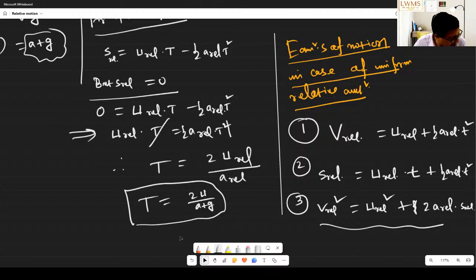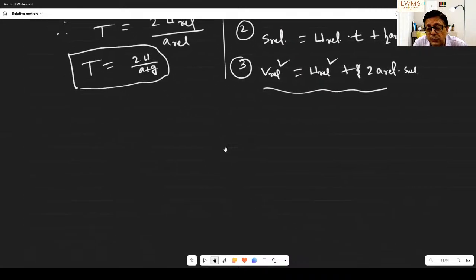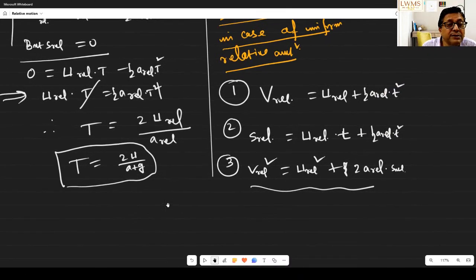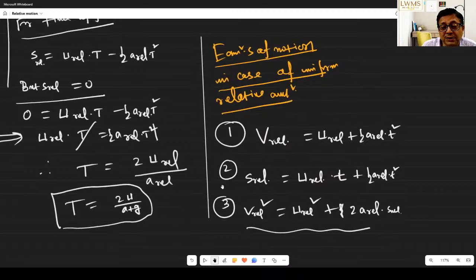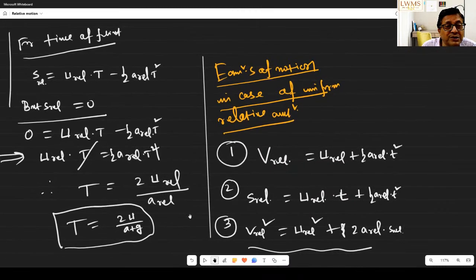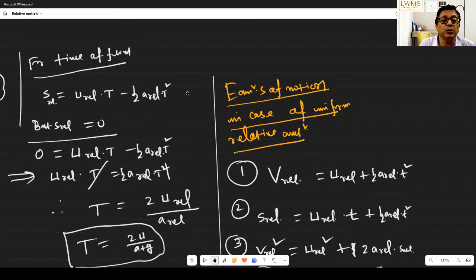I am going to set one problem here. But before that, let us learn one more thing. What is the maximum height of the projectile over there? That we haven't done. I left it because these equations of motion were not ready in case of relative motion.